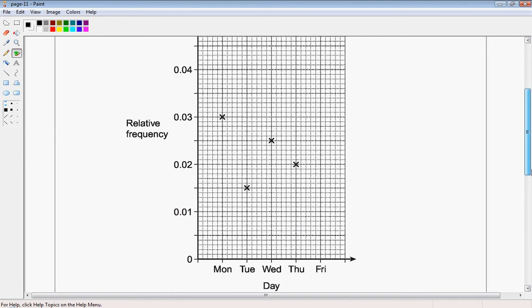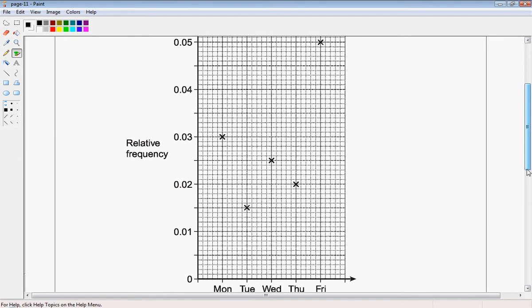So on Monday we have a relative frequency of 0.03. On Friday we have a relative frequency of 0.05. So we can see that there were higher absences obviously on a Friday than there were on a Monday.